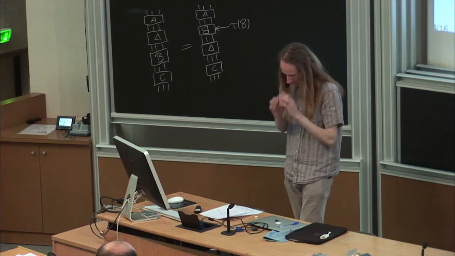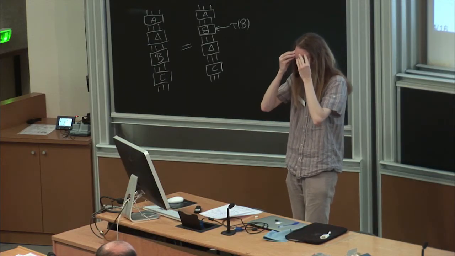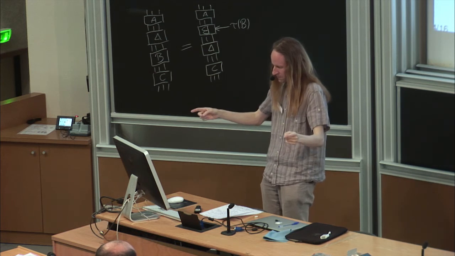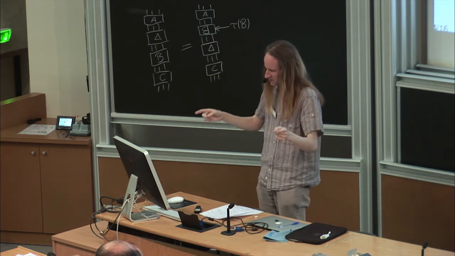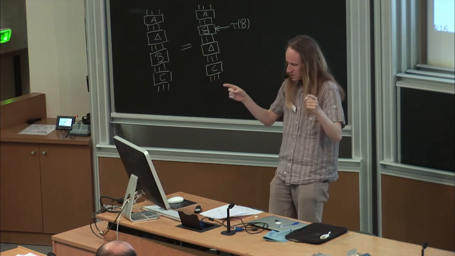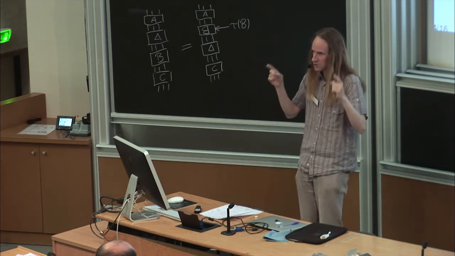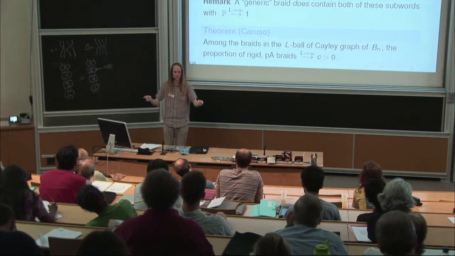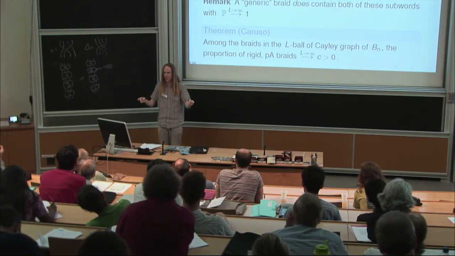Well, as the length tends to infinity, the proportion of rigid braids tends to some strictly positive number. Definitely not to 1, but to some strictly positive number.